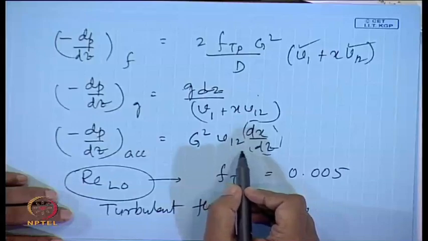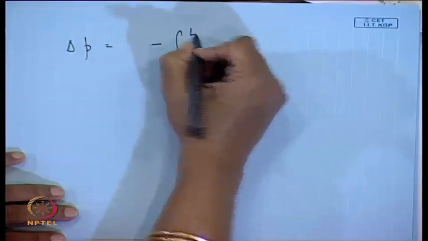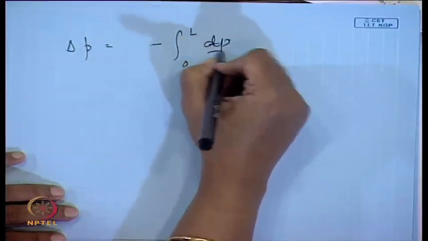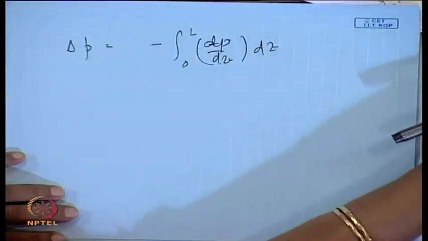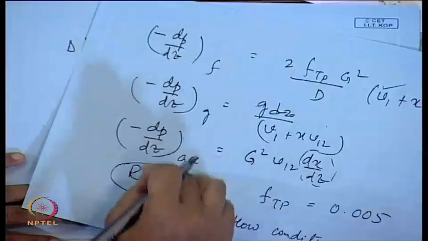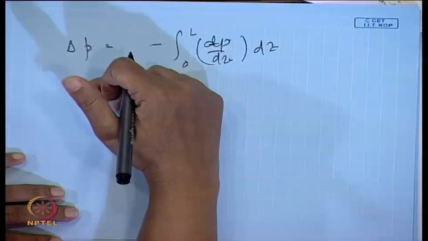Now, how to find out the pressure drop from the pressure gradient? That also you know very well. Your delta P is nothing but equal to minus integral 0 to z of dP dz into dz. So, therefore, by adding all these three you can find out dP dz, and then if you integrate them with respect to z, you can find out delta P. Agreed?